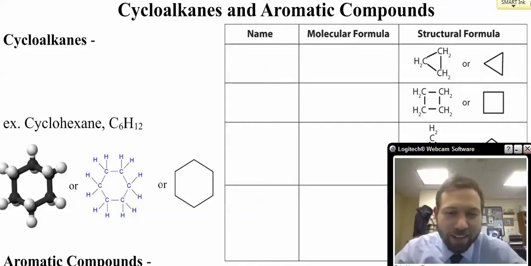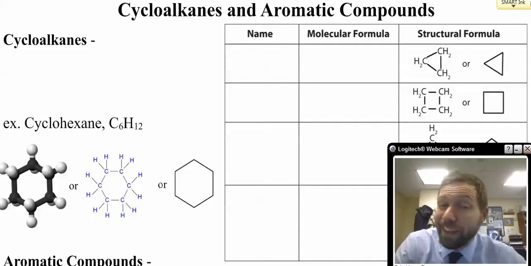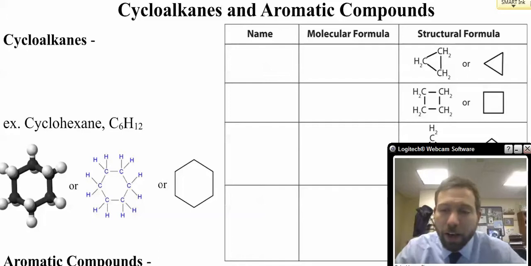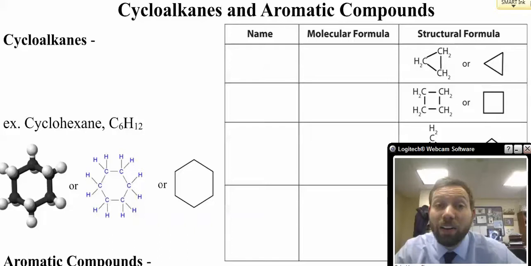We're going to talk about cycloalkanes and aromatic compounds. You'll notice a couple of things that are common between cycloalkanes and aromatic compounds, but you're also going to notice a couple of things that are pretty similar to alkanes that we've been talking about, and alkenes and alkynes.